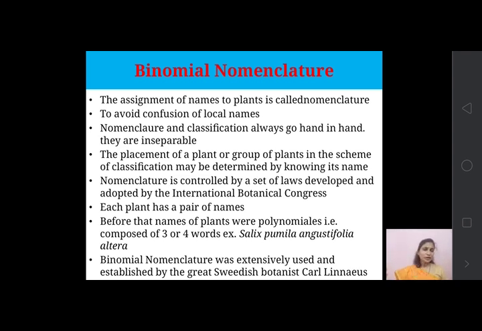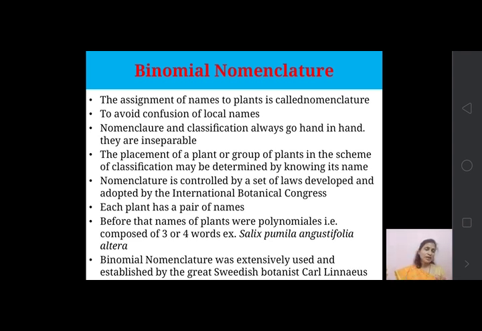So to avoid the confusion of local language names, binomial nomenclature makes it easy for people to understand which plant others are talking about. So this is about why nomenclature is necessary.